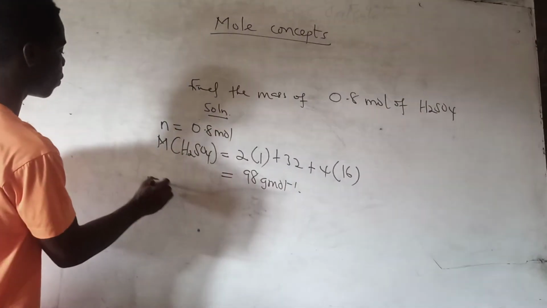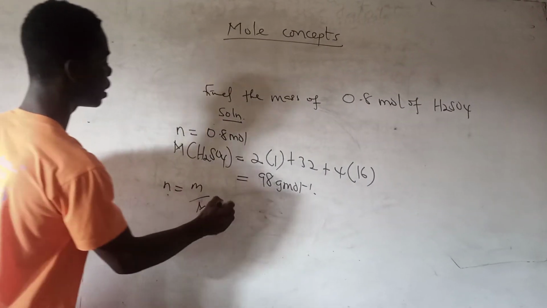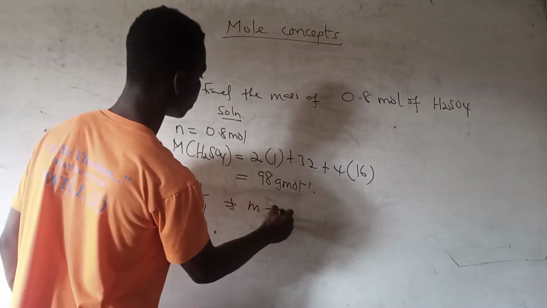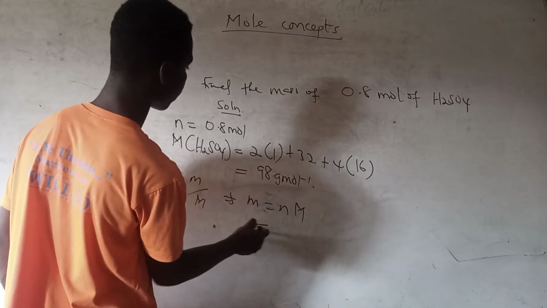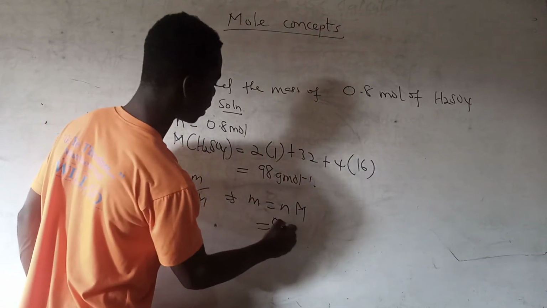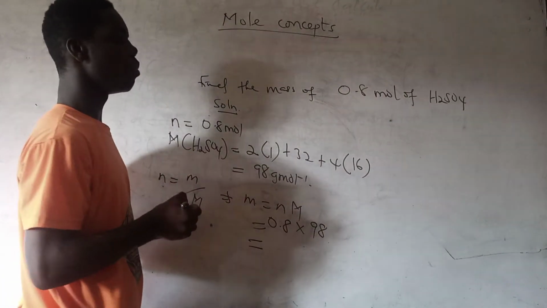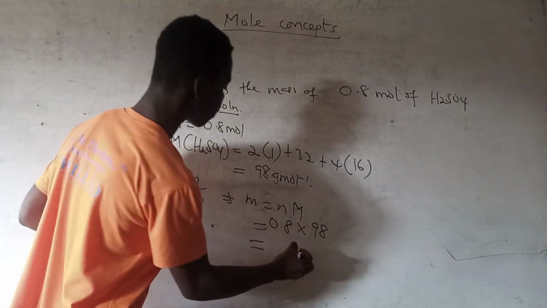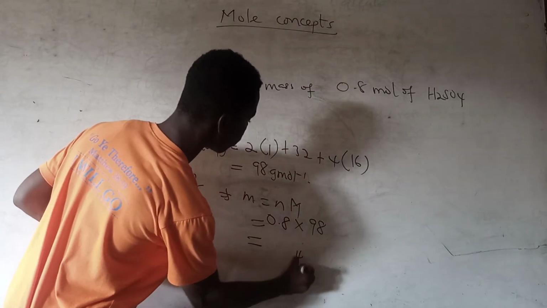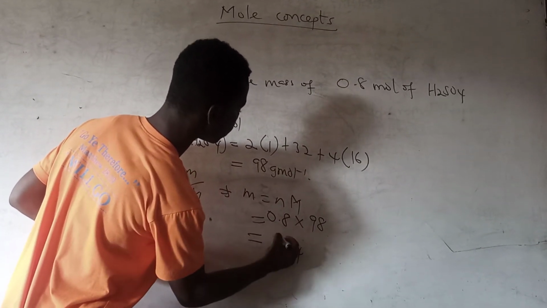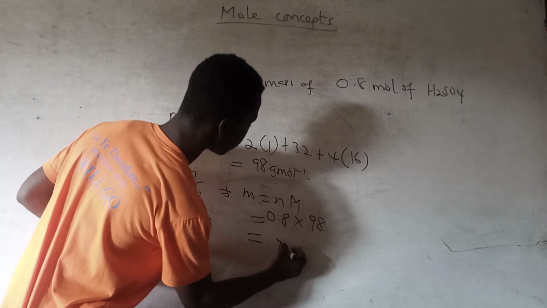We know the number of mole is equal to mass over molar mass. This implies that mass is equal to number of mole times molar mass, and number of mole was 0.8 times 98.